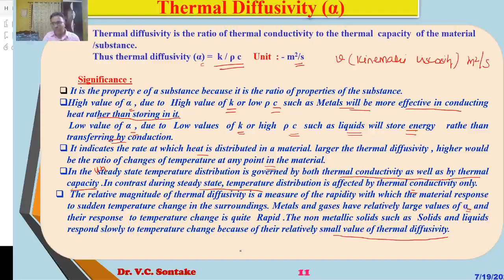As a result, the temperature of the metal block will change faster as compared to the temperature of the non-metallic solid. So that is by virtue of this thermal diffusivity property.